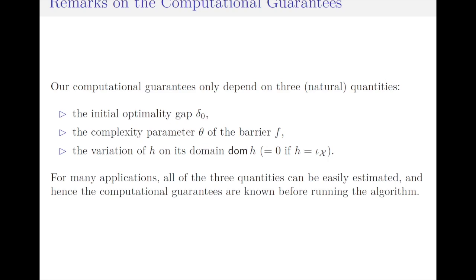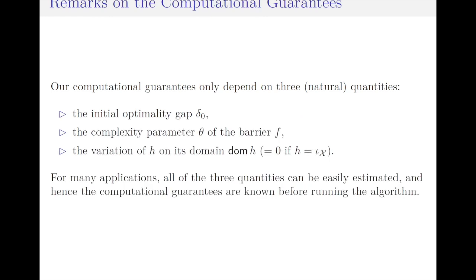This is in contrast with some potential approaches of taking a sublevel set and calculating the smoothness parameters of the sublevel set. If we try to use those approaches, first of all, they might not work well for these problems because this problem has some special structures here. And even if we use those approaches, those quantities can be relatively hard to estimate. But if we go by this analysis route, all 3 quantities are easily estimated.